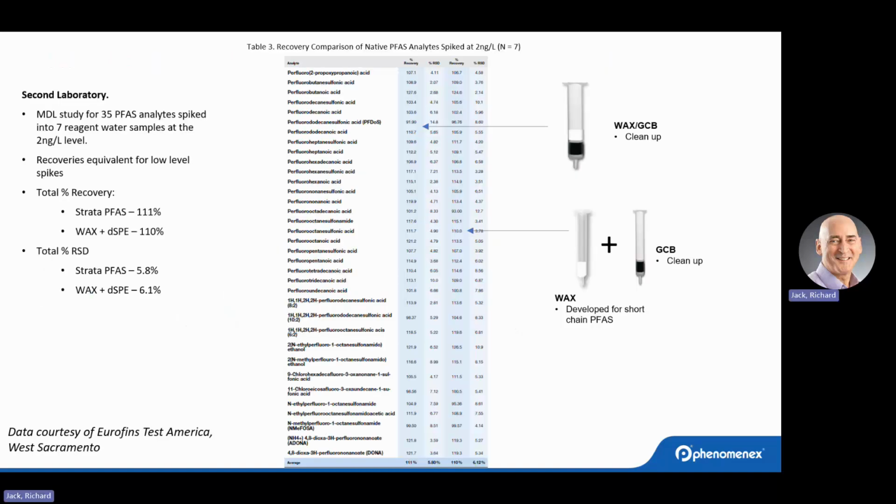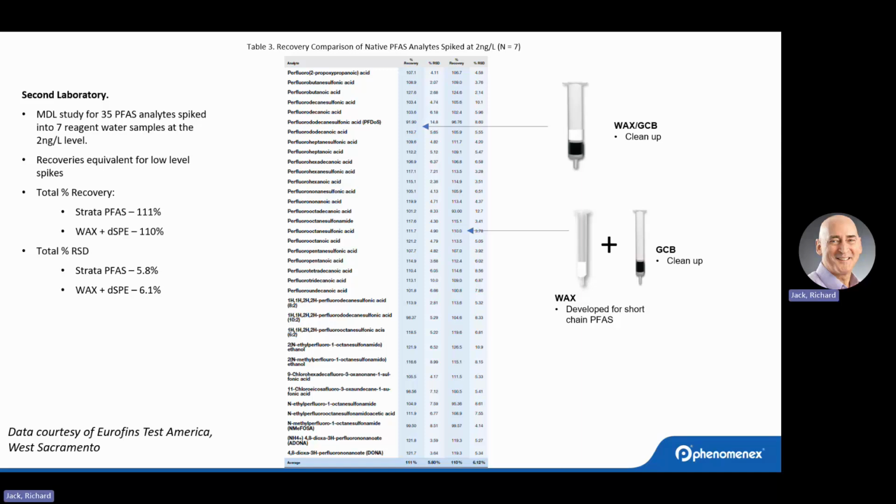Another example shown here, this was for spikes of 2 nanogram per liter for PFAS compounds. And these low-level spikes were used for determining method detection limit. I know this is a little bit difficult to read, but we're just looking side by side between the two, looking at total percent recovery and total RSD of each spike.